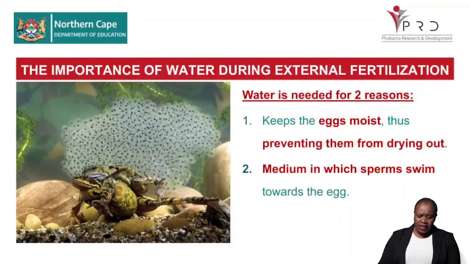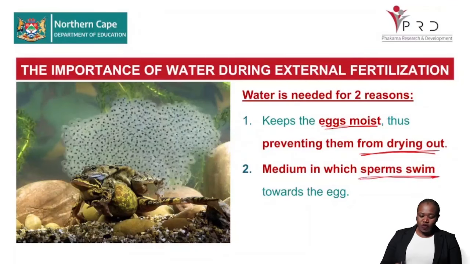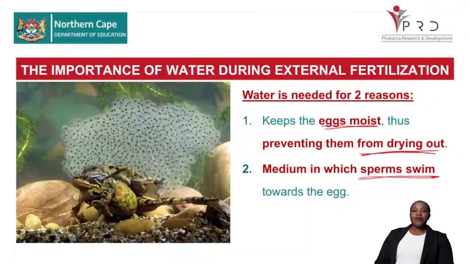Now, why do we really need the water? We need to keep the egg moist as the development is taking place, so that it does not dry out, right? And then it is also a medium for the movement of the sperm, for the sperm to be able to swim towards the egg.